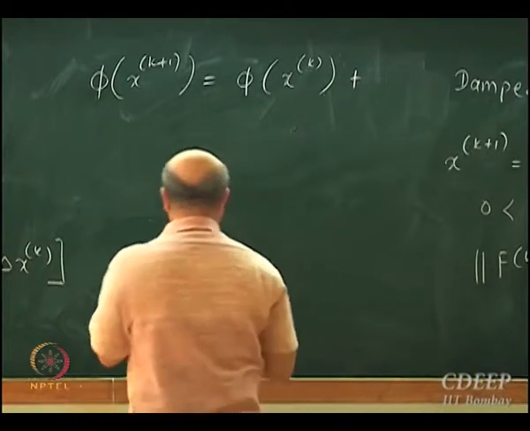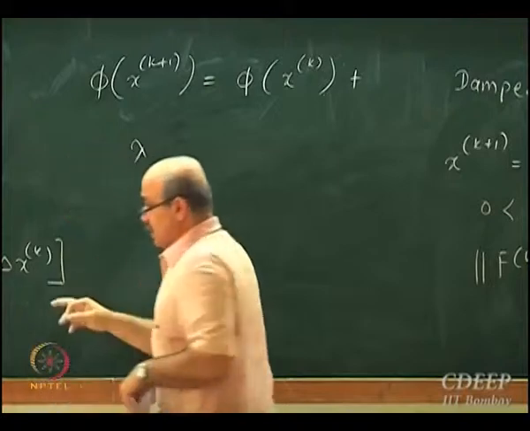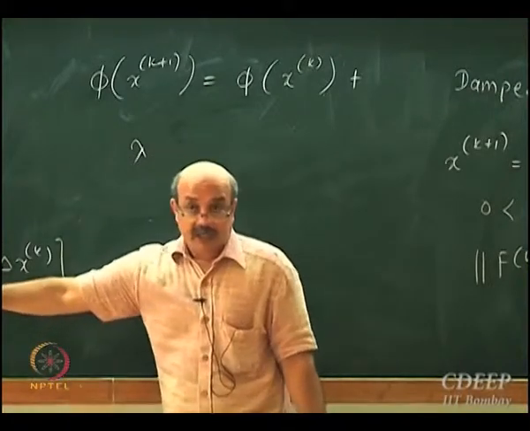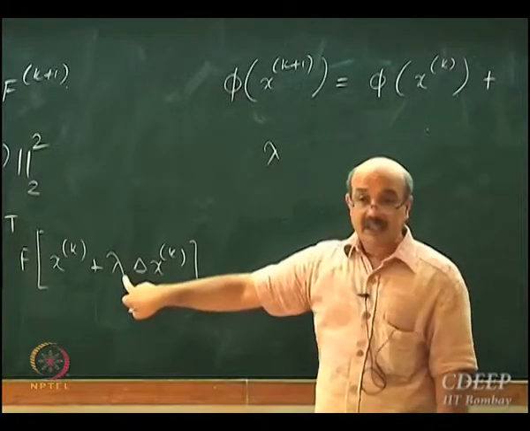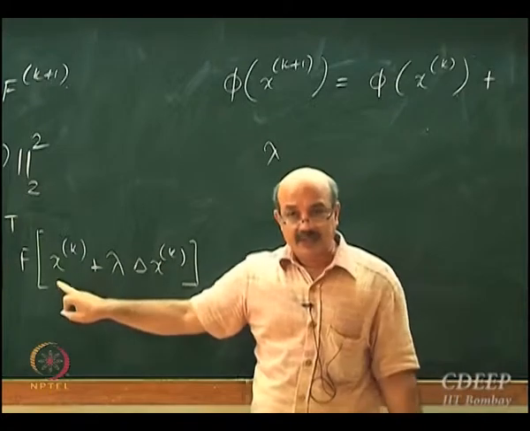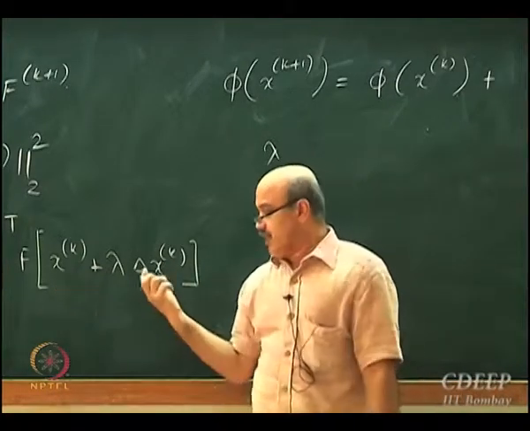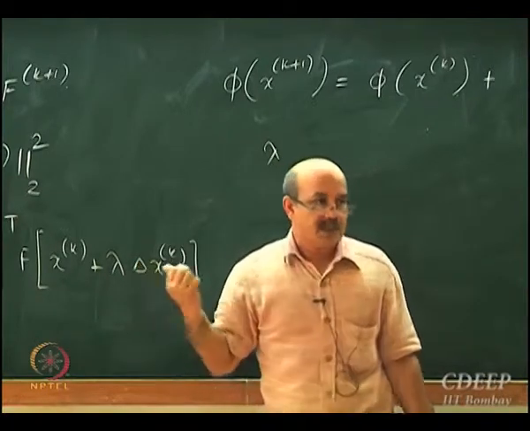It is one of the cornerstones. Now when you are writing it like this, what is unknown to you here? Only lambda. Delta x we have already calculated. x k is known to us, so this vector is known. I am now just worried about choosing lambda correctly.